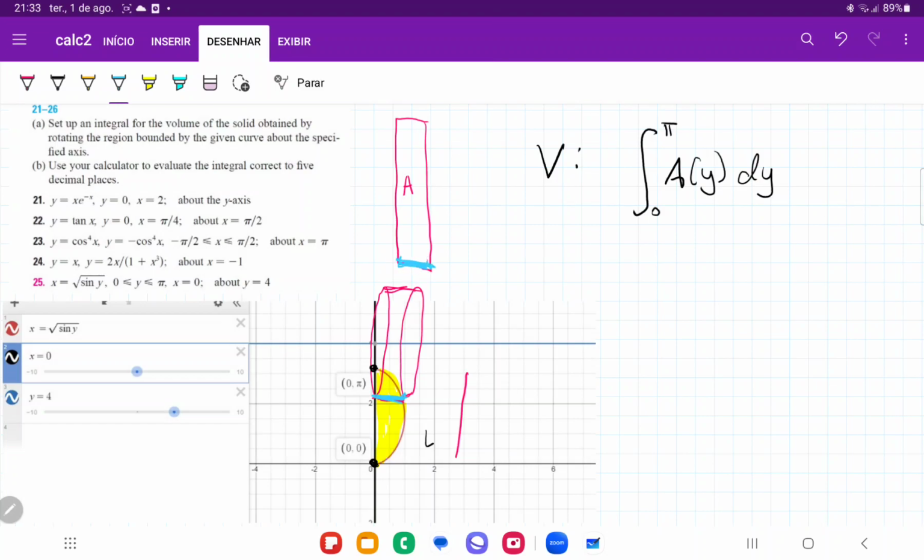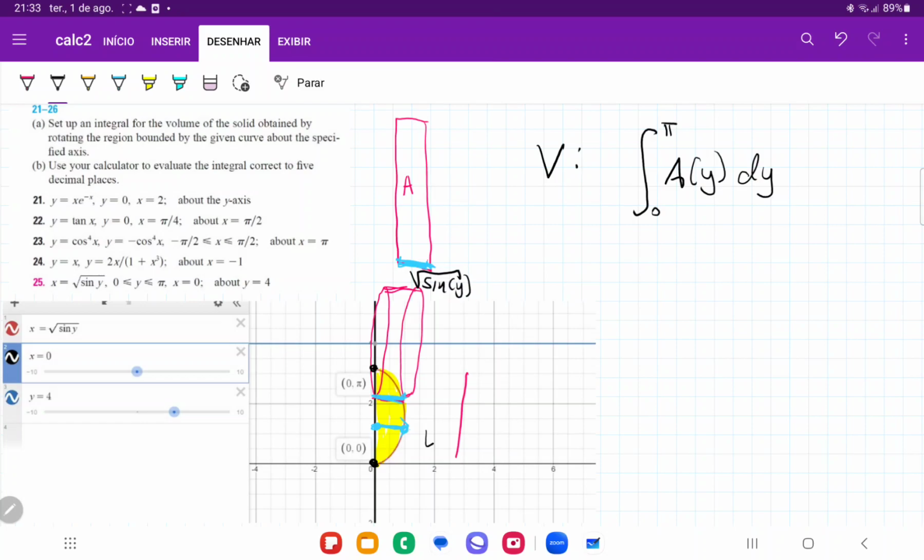Let's think about what this is. This blue length is wherever it touches that curve, root of sine y. If I were lower here, I would revolve the length of that curve, measured from 0 all the way out to where it touches that point. So this blue is just the value where it outputs, which is root of sine of y.